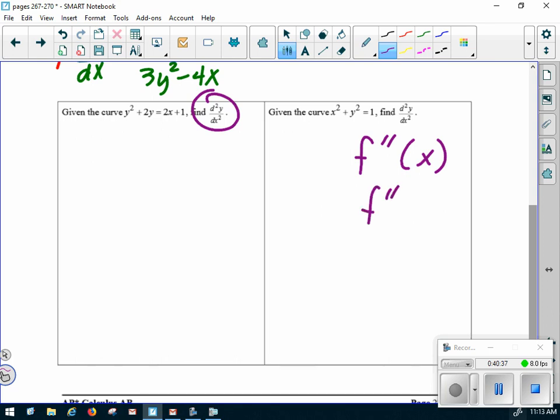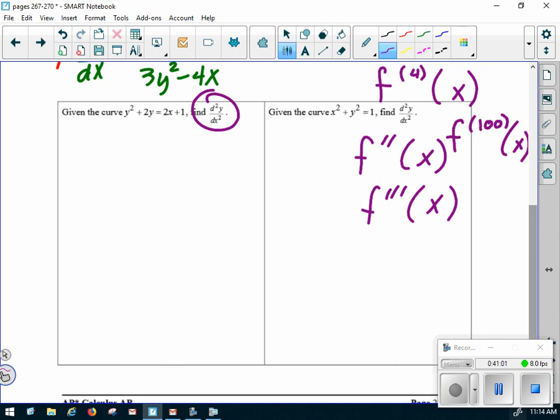That's a third derivative. When you do a fourth, after the third, you do it like this. Oh yeah, you can do an infinite number of derivatives. The 100th derivative, you just write it like this. Have you ever taken the 100th derivative? Never had a reason to.